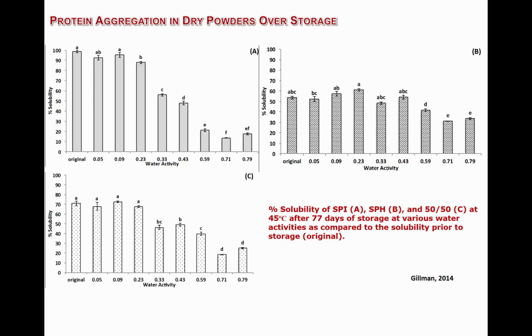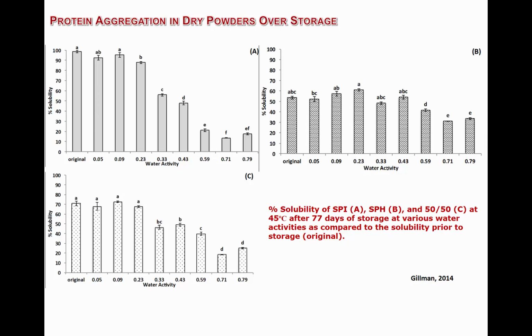This is work done by another student of mine looking at soy protein and aggregation when stored as dry powder over time. So what she did, she stored her SPI at different humidity levels for up to 77 days. And she stored similarly a hydrolyzed soy protein and a combination of SPI and SPH together, a powder that is a combination of both.